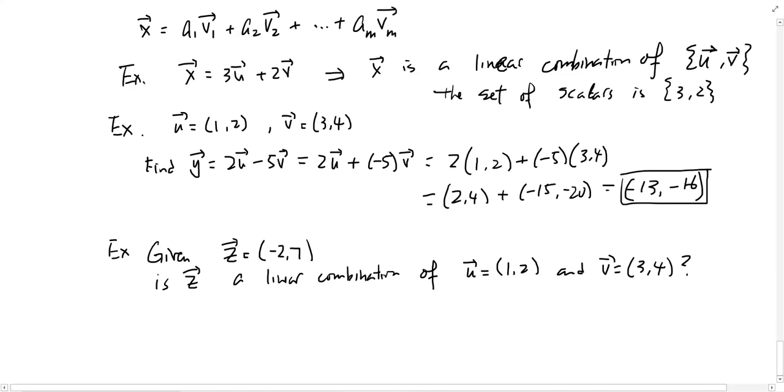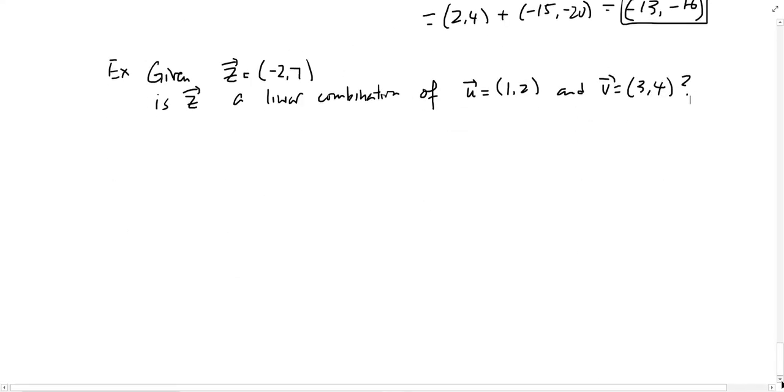Let a and b be two scalars, and we say that z is equal to a times vector u plus b times vector v. We're going to try to figure out what a and b are. If a and b indeed exist, then we have a linear combination. But if we cannot find a and b for whatever reason, then z is not a linear combination. So how do I solve for a and b?